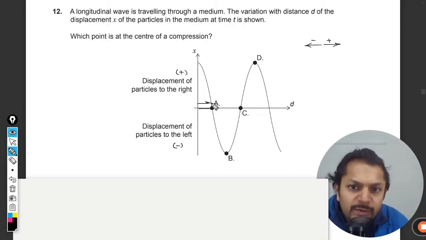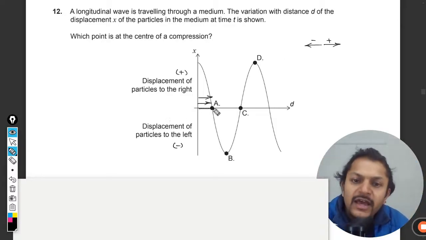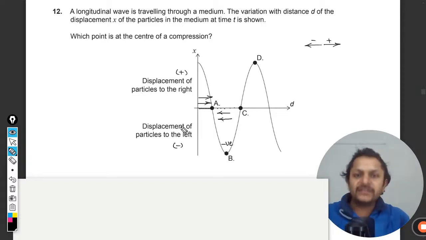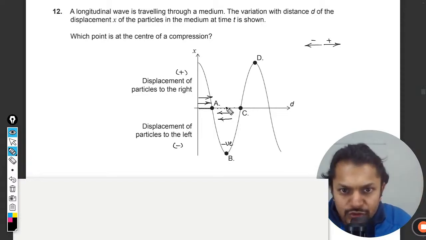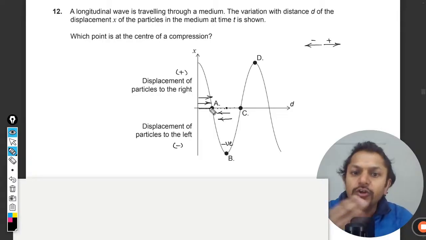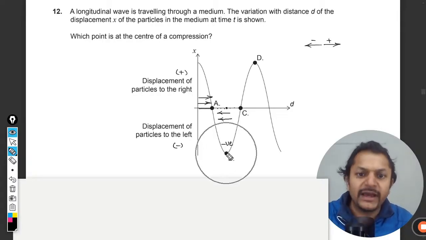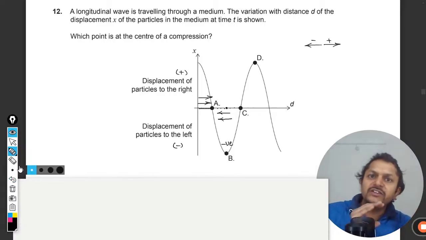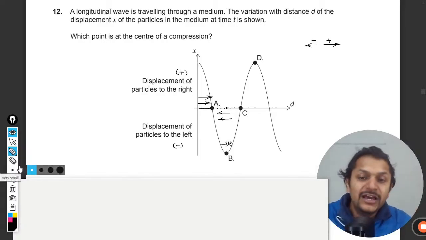So all these particles are going towards the right hand side, and all the particles here, those having the negative displacement, are going towards A, isn't it? Like this particle, if I choose, would be moving towards A, and the displacement will be given by this length. For this much displacement, it is going towards A.